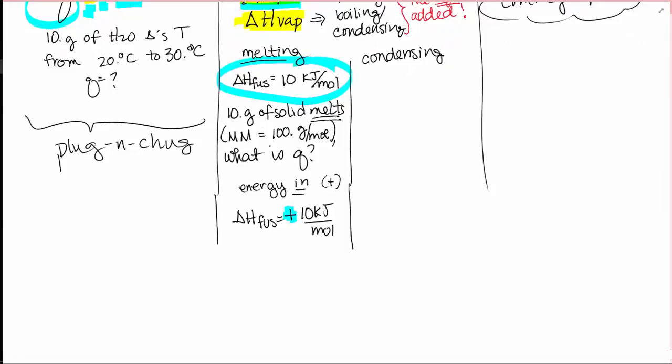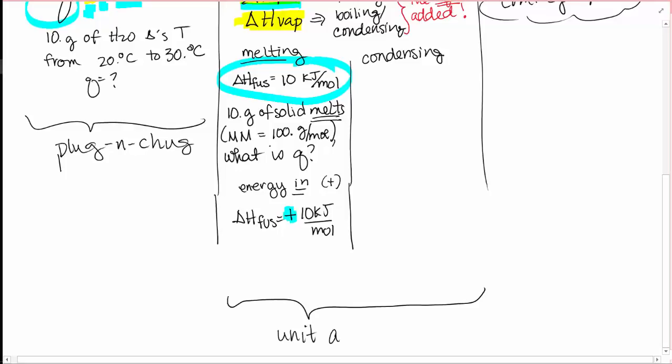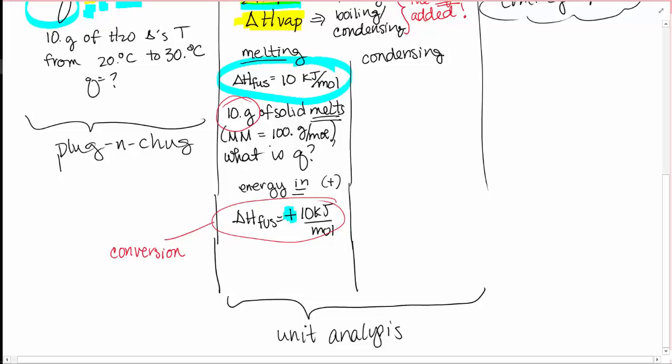Here's the difference. Instead of doing plug and chug, I would do unit analysis. If I'm going to try to answer the question, this is a great conversion. It helps me convert between kilojoules and moles or moles and kilojoules. Well, I have 10 grams. I don't have kilojoules or moles, but I could turn that into moles.